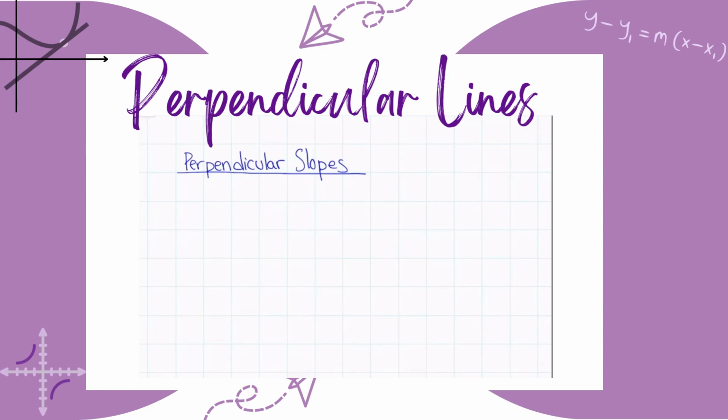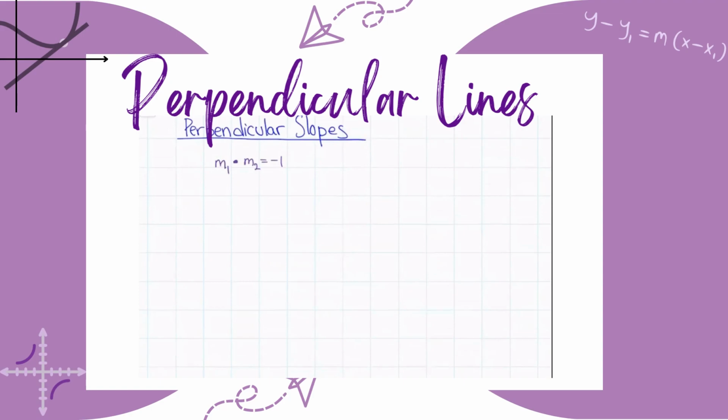Okay. It's when slope 1 times slope 2 results in -1. So what does that mean? It means that if my slope 1, let me make a chart.